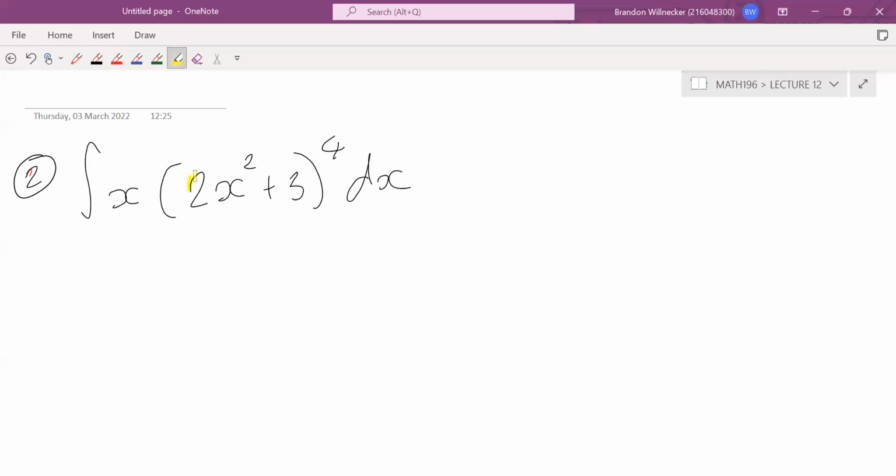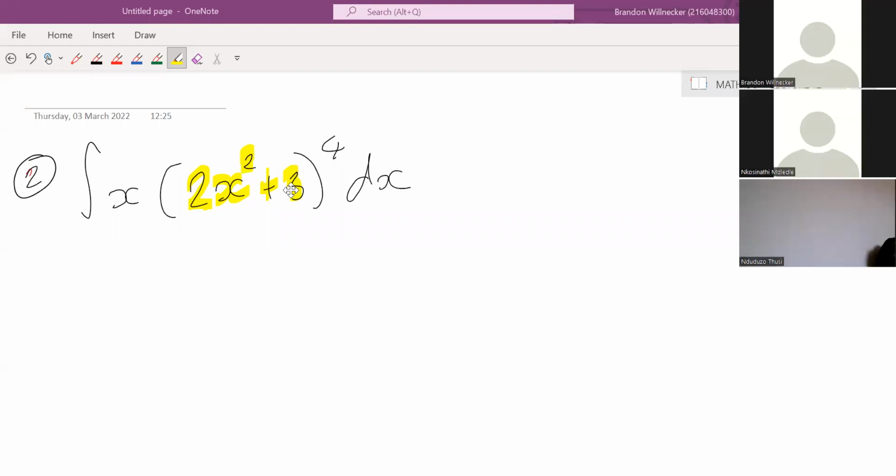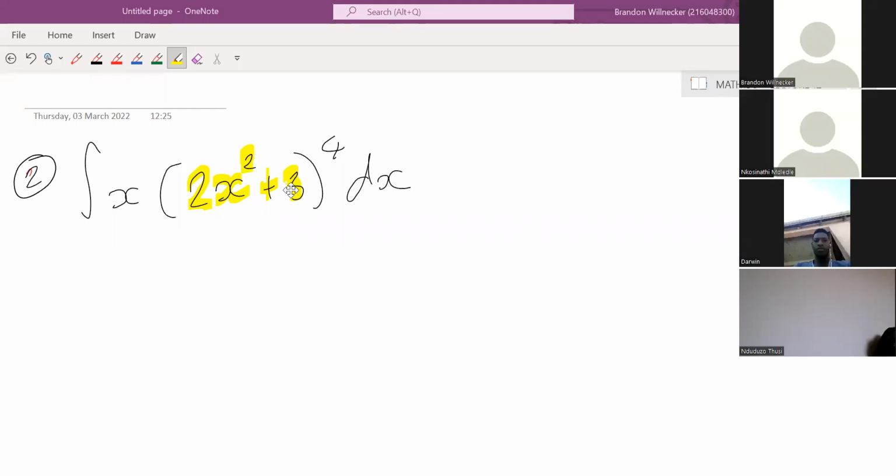But we see that this inside part is what's making our lives difficult, because it's 2x squared plus 3 to the power 4. If we can get rid of this inside part, then it's just going to be something to the power 4, and that's a lot easier to do.